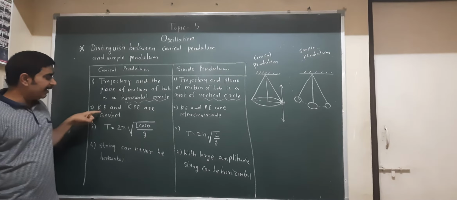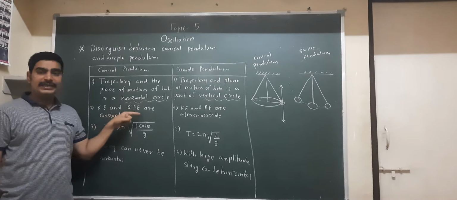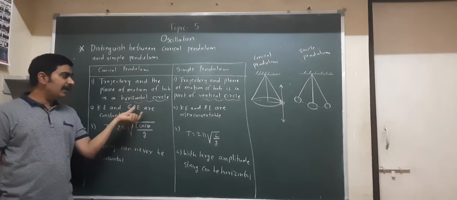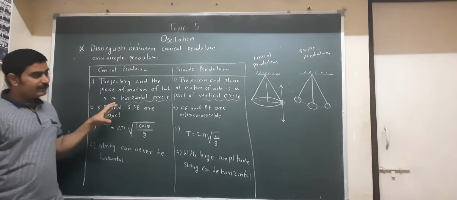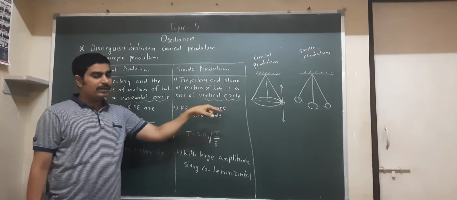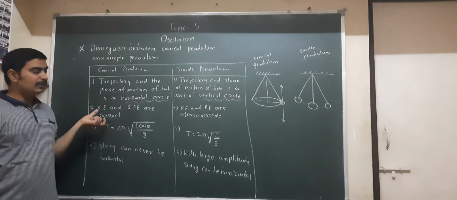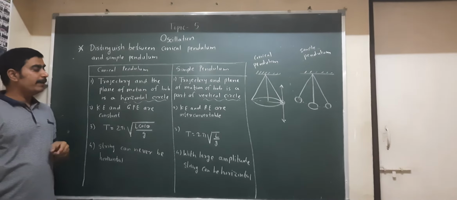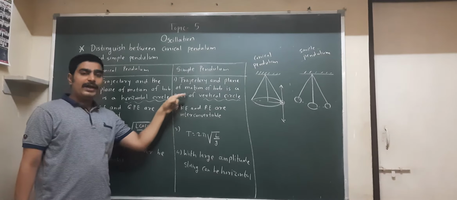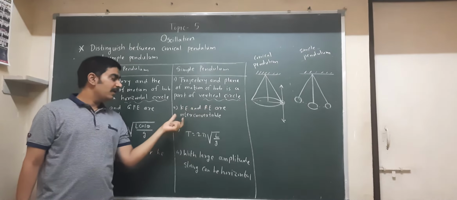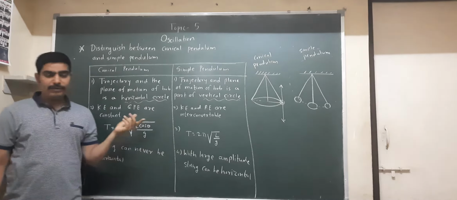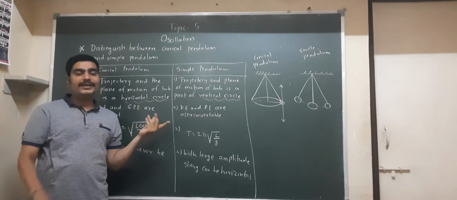Second point, kinetic energy and GPE, meaning gravitational potential energy, are constant. Here there is no change. Once you have got the energy, that will remain constant. But in the simple pendulum, kinetic energy and potential energy are interconvertible. If you remember, we have plotted the graph of the energy curve.